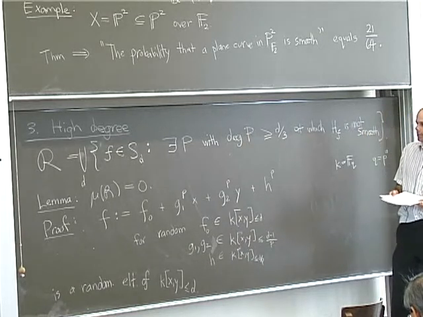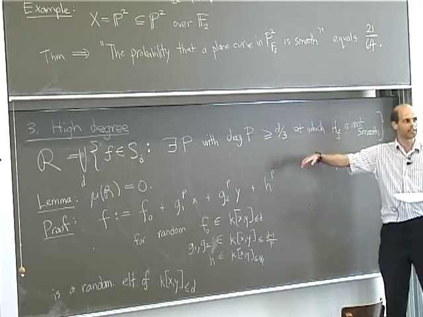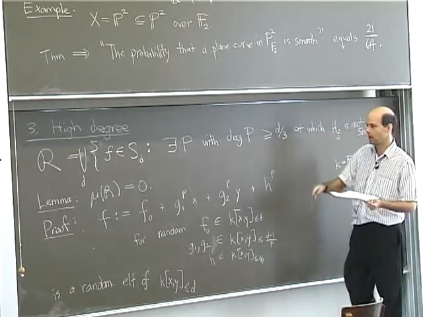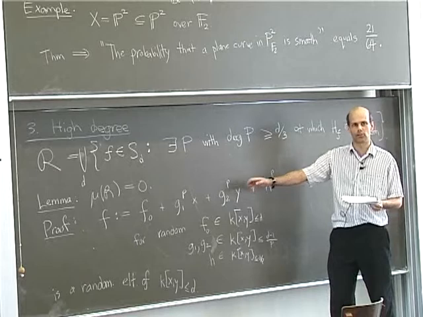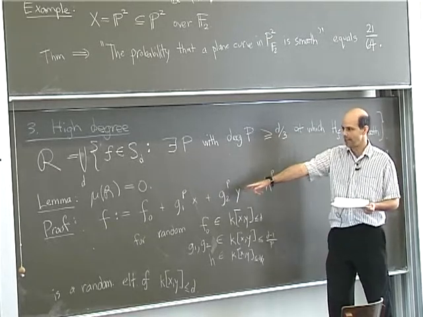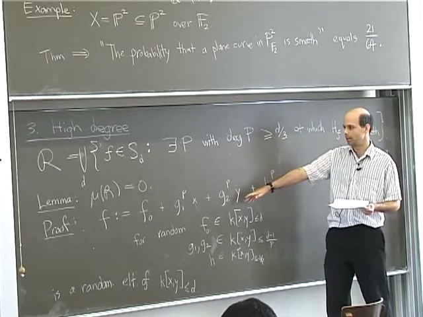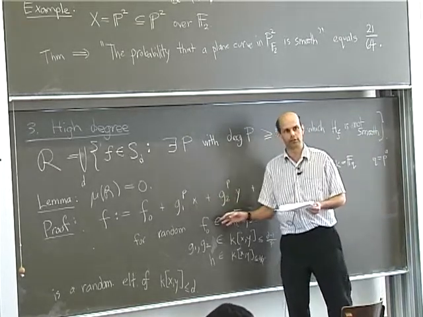Now, why did I choose these things in this order? The point is, this condition about having a singularity is some condition in terms of the partial derivatives of f with respect to x and y and the value of f. And by writing f in this way, I can partially decouple these partial derivatives from each other.